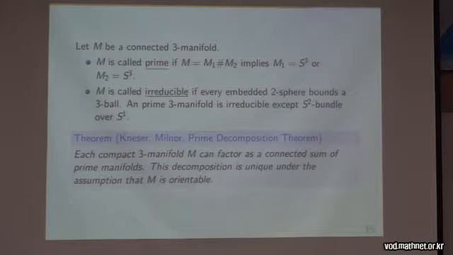So the prime decomposition theorem says every compact 3-manifold can split into a connected sum of prime pieces, and this decomposition is unique under the assumption that M is orientable.